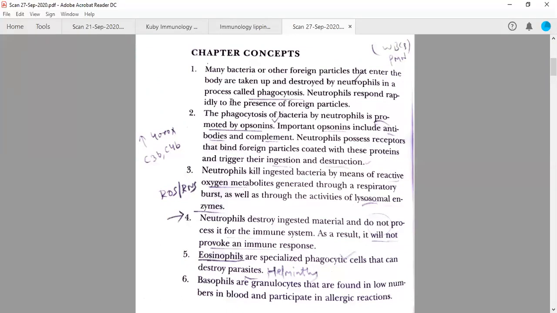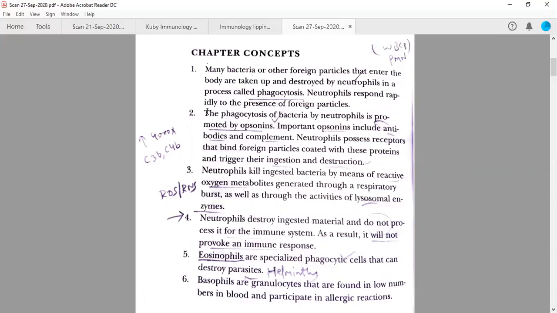Neutrophils respond rapidly to the presence of a foreign particle. Once there is a foreign particle which does not belong to our body, and there is a danger that it can cause infection or harm to our body, it will be destroyed by neutrophils.